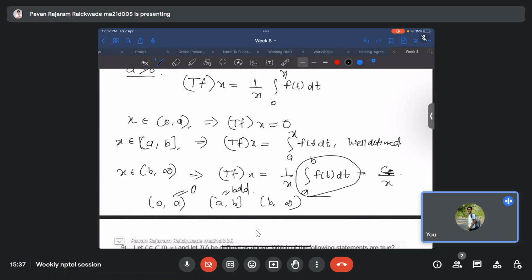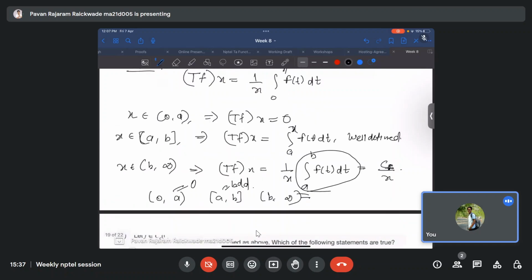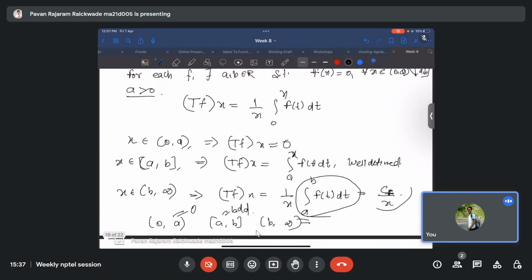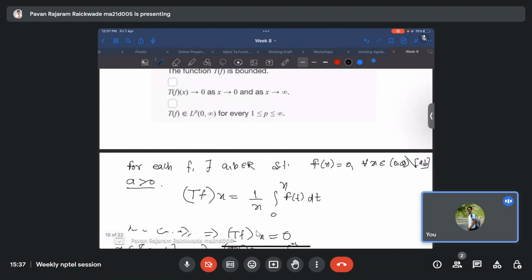On the last part the function is c_f by x, and if x is greater than b, c_f by x is less than or equal to c_f by b. So again bounded. On every part the function is bounded, and so it's done. Tf is bounded.